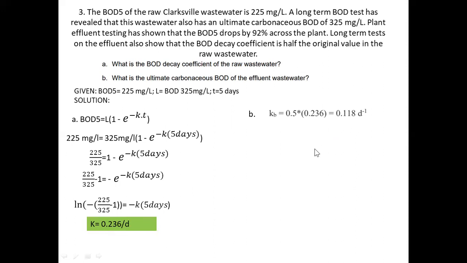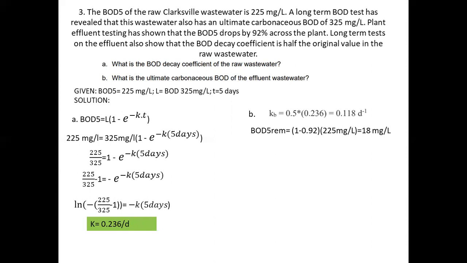On the other hand, I'm going to read this again: plant effluent testing has shown that BOD drops by 92%. Okay. Now we need to get the BOD5 remaining. Since it has dropped by 92%, how much has remained?